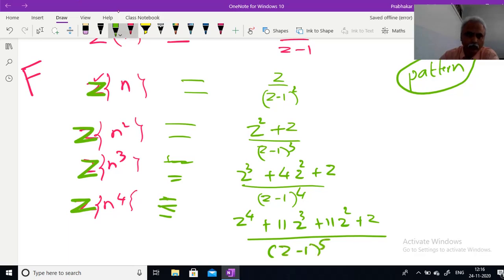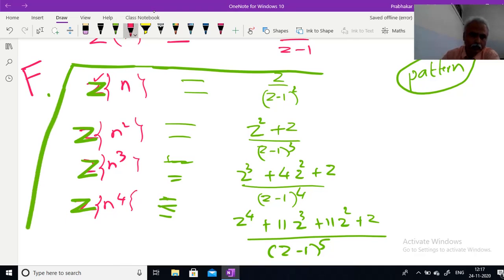So let us observe all these 4 things we have written.